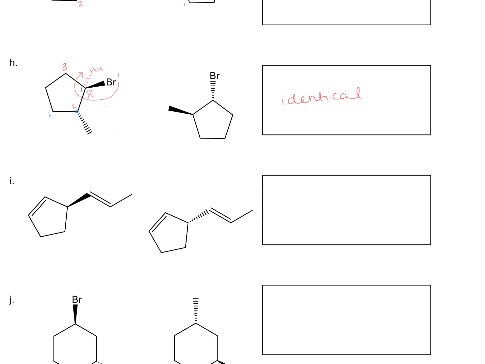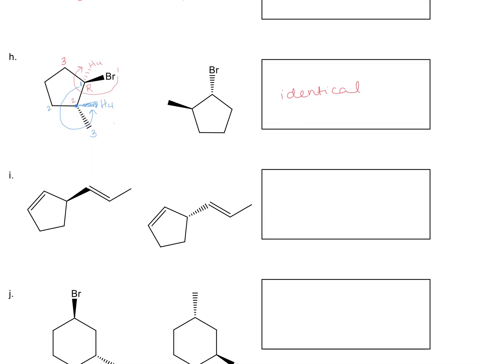This is 2, this is 3, and the hydrogen is in the front. It is 4. So 1 to 2 to 3, it's going counterclockwise, but the hydrogen's in the front, so we had to switch it. It's going to be R.